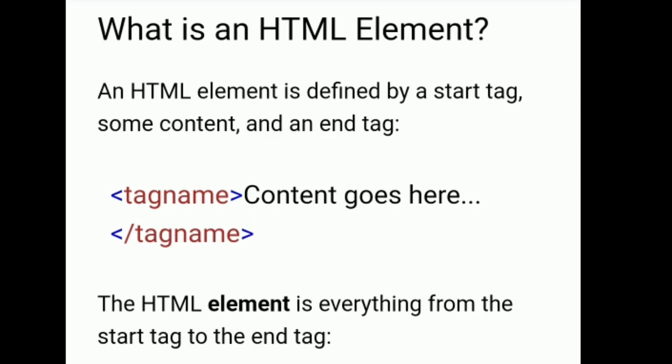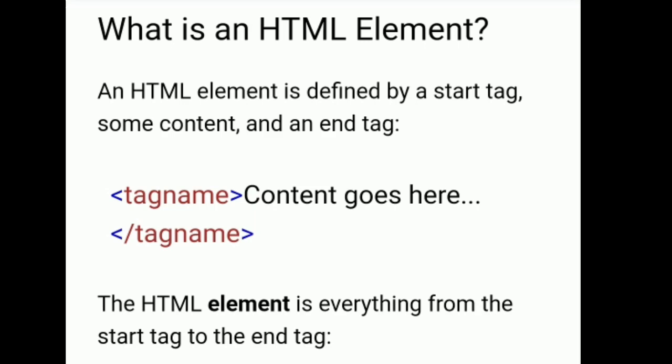These are elements of tags. You have a start tag and similarly an end tag. The end tag is also known as a closing tag. The second example is the p tag, that is a paragraph tag: opening p tag, my first paragraph, closing p tag.